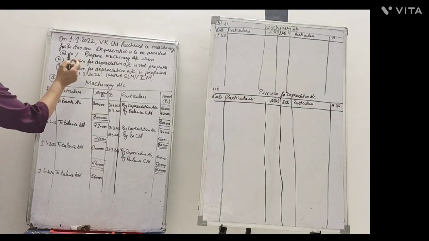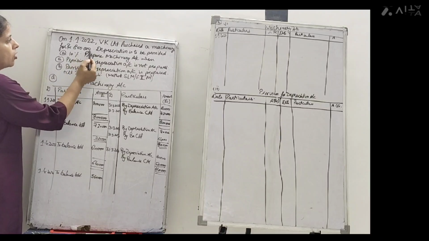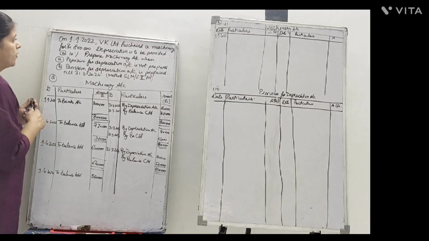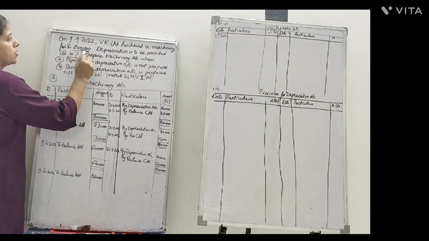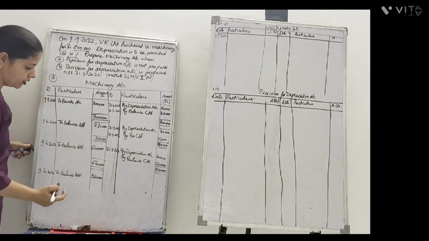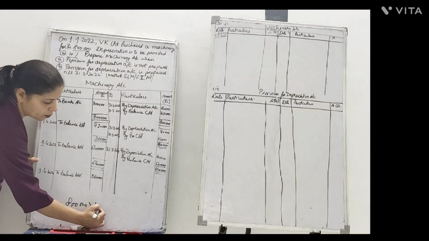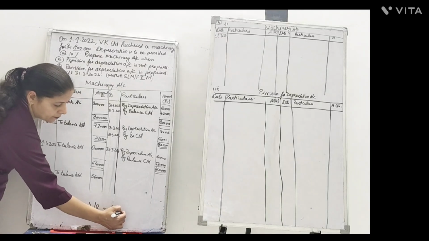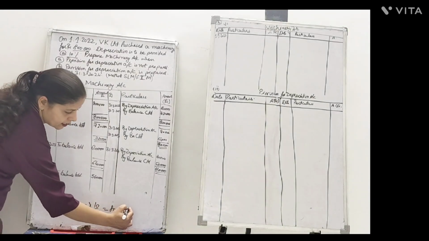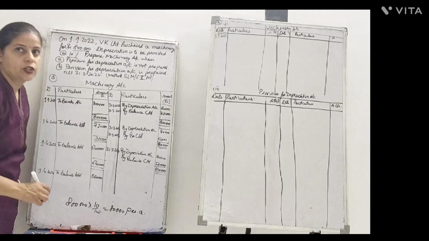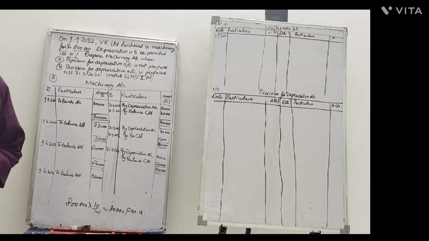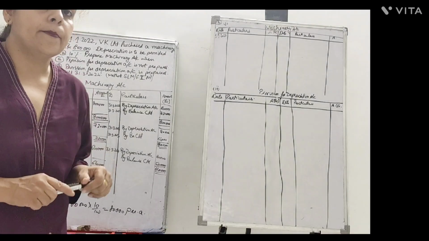So when I consider this 10% rate on rupees 8 lakh, I have to charge 10% depreciation, so it would be 8 lakh multiplied by 10%, which is rupees 80,000. This is the annual depreciation, which would remain fixed under the straight line or fixed installment method.